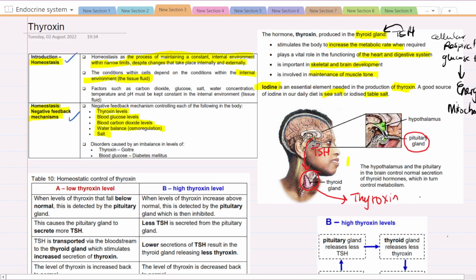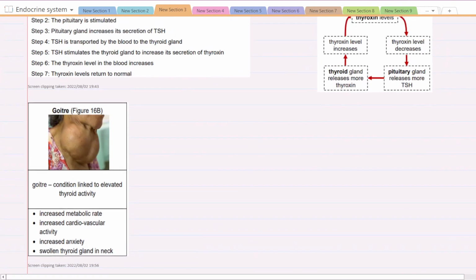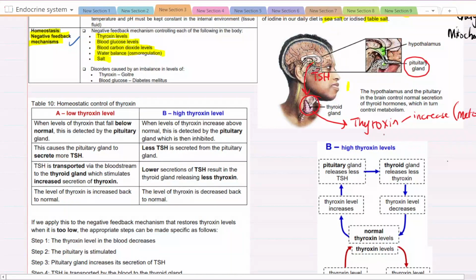Now here's how thyroxin operates or works. Now if there is an increase in thyroxin, therefore there will be an increase in metabolic rate. Sorry about that. And if there is a decrease, therefore there will be a decrease in metabolic rate.